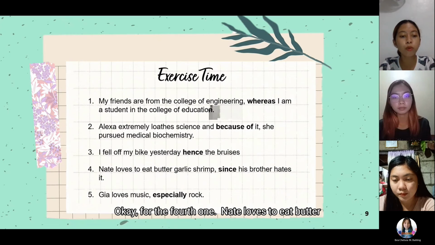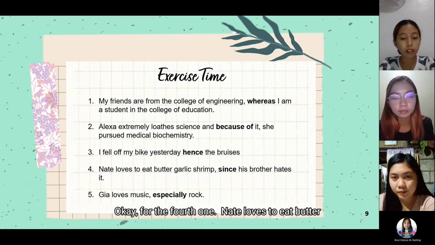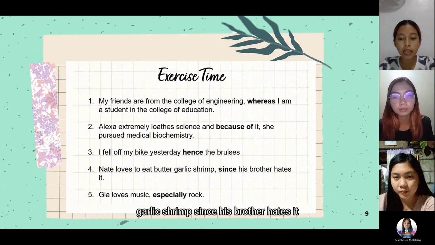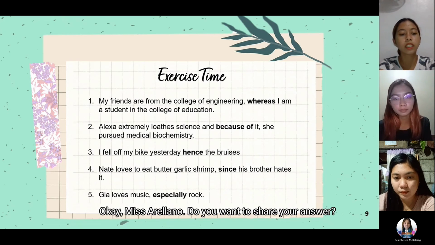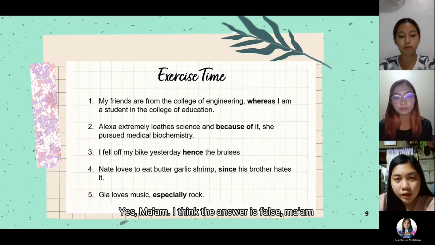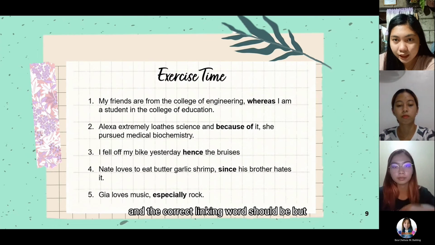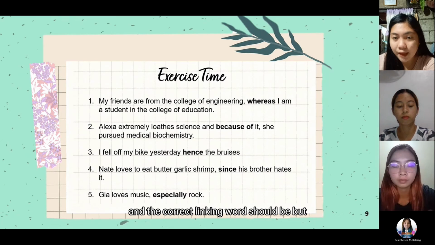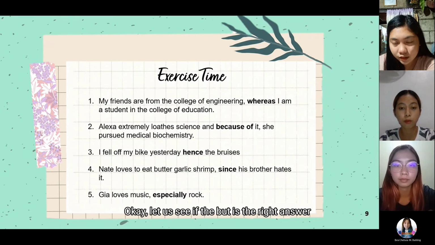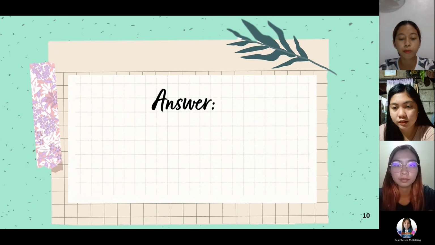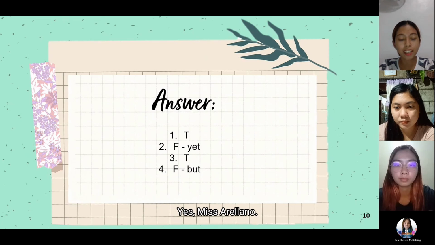For the fourth one: Nate loves to eat butter garlic shrimp since his brother hates it. Miss Aureliano, do you want to share your answer? I think the answer is false, ma'am, and the correct linking word should be but. Yes, that's the correct one.